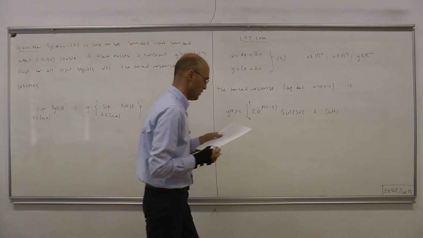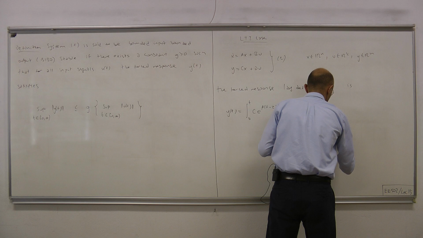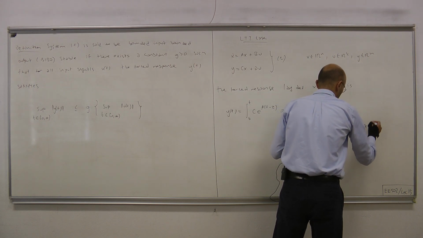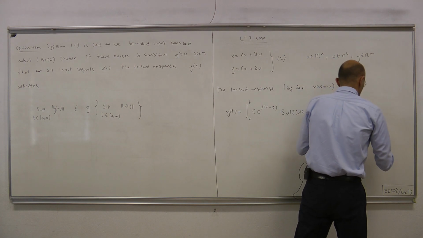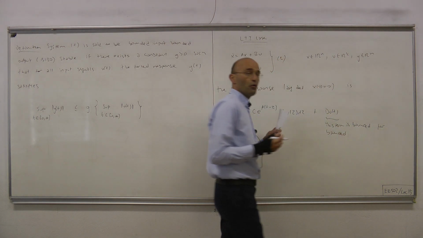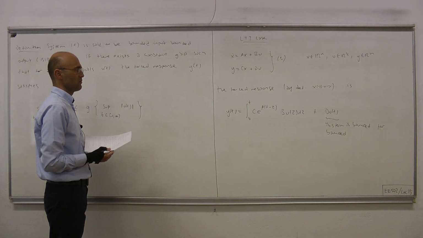D u of t. Now this term is bounded, provided that u of t is bounded, because D is a constant matrix. In fact, all our matrices are constant matrices.